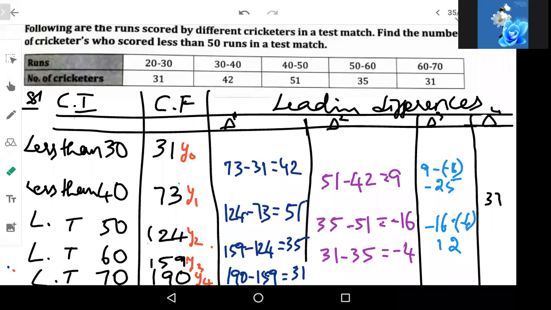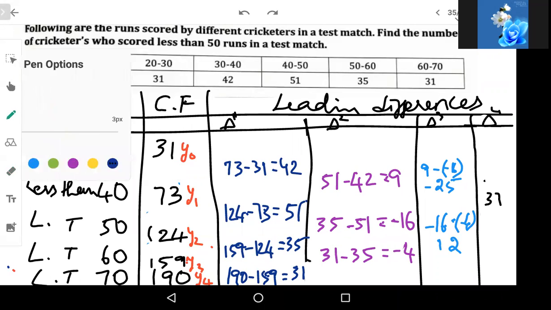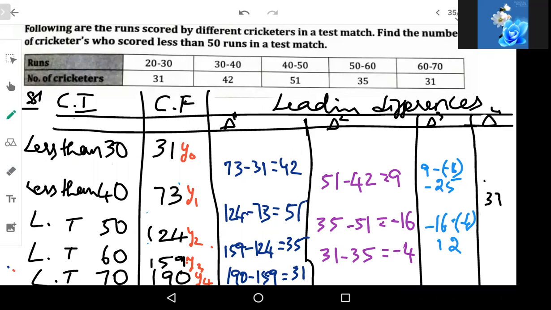So this is the final leading difference. Did you all understand this part? How to find the leading differences? When you write it in your book, write it with proper spaces, so that you will be able to know which number comes first and which comes next.